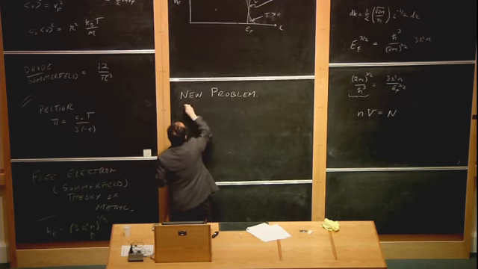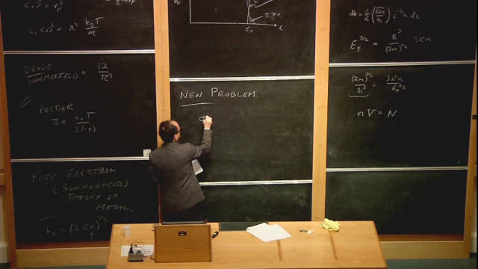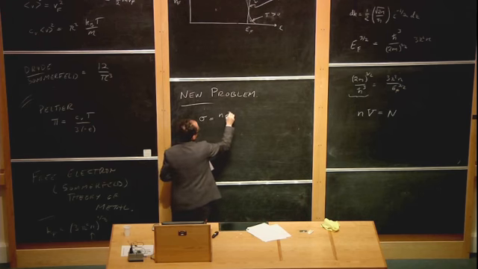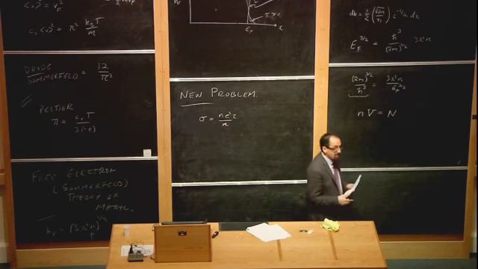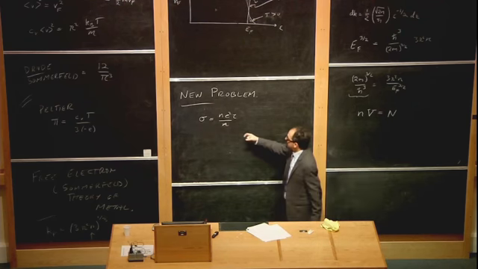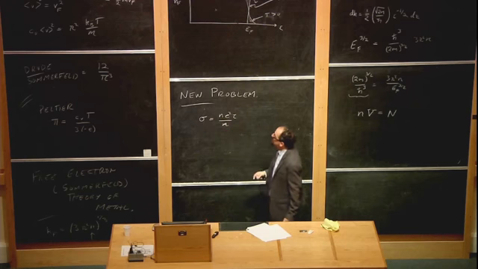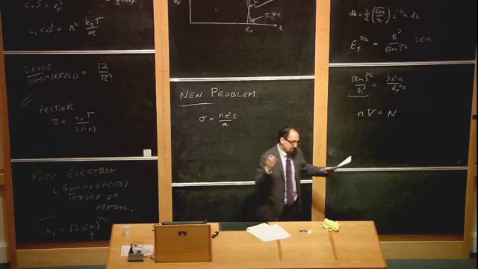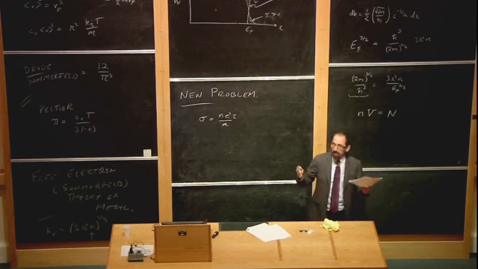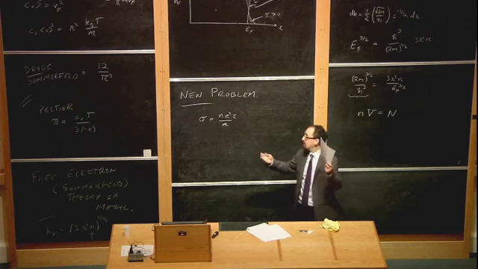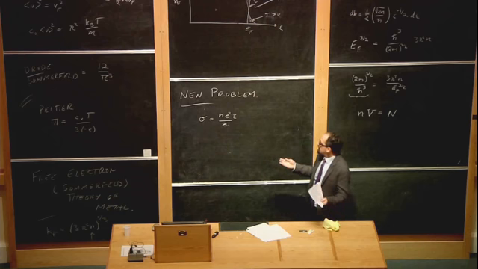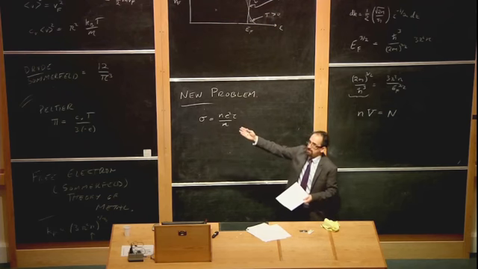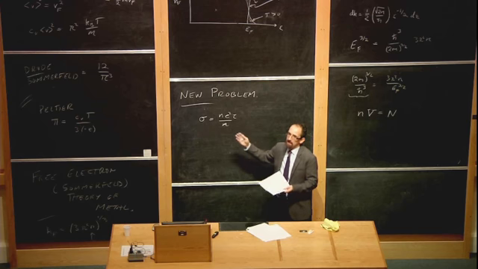What's the new problem? Let's go back and remember the conductivity expression, n e squared tau over m. That's still the same result in Sommerfeld theory. It better be the same prediction, because we wanted to get the right ratio of thermal conductivity to electrical conductivity, and we didn't change the thermal conductivity much, so we better not change the electrical conductivity much either.